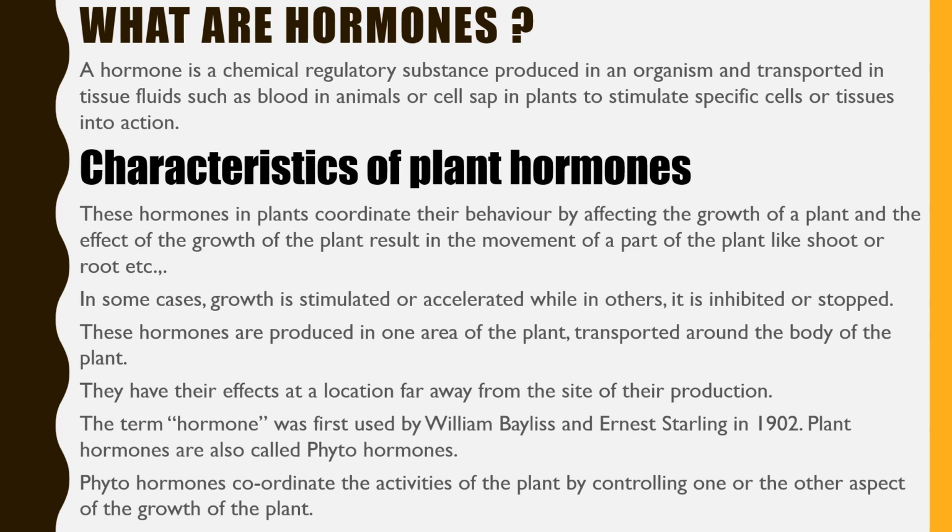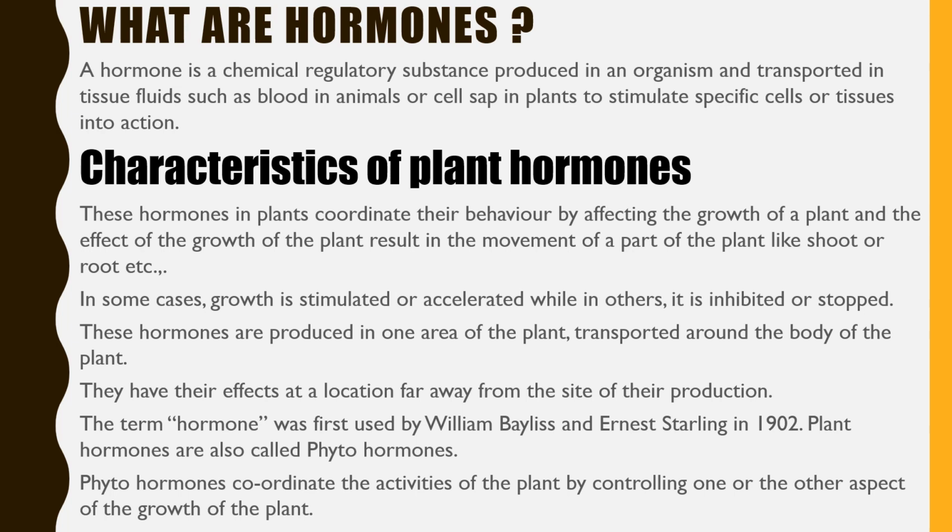Cytokinin is a plant hormone which is produced in roots, but it prevents aging of all parts of the plant. The term hormone was first used by William Bayliss and Ernest Starling in 1902. Plant hormones are also called phytohormones.